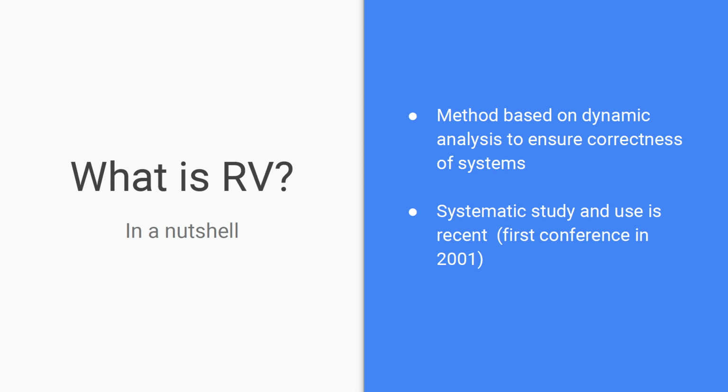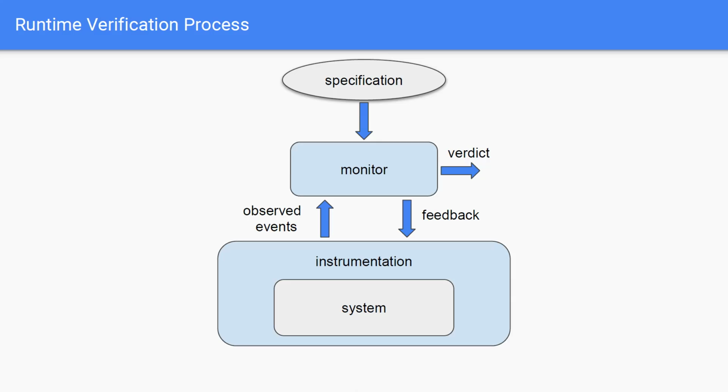This research topic is relatively young, even though the idea of applying dynamic analysis is quite old. Systematic study and use of this approach has started rather recently. Just to have an idea, the main conference on runtime verification, called the Runtime Verification Conference, started in 2001. So it's a recent event.